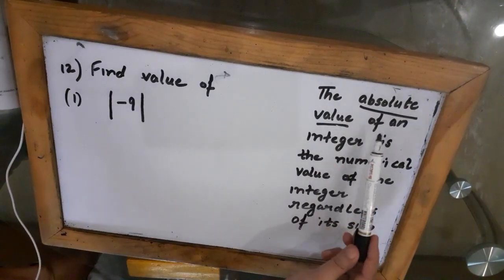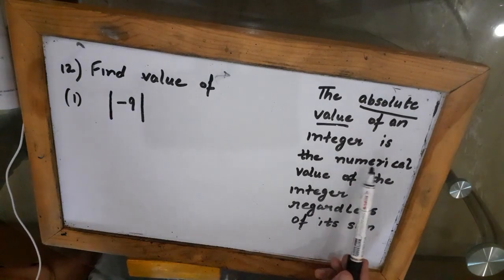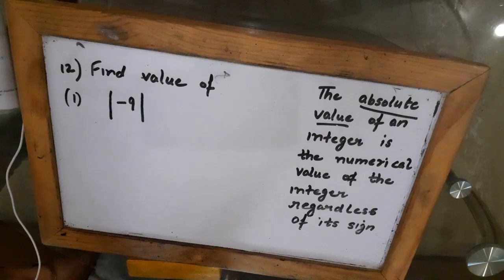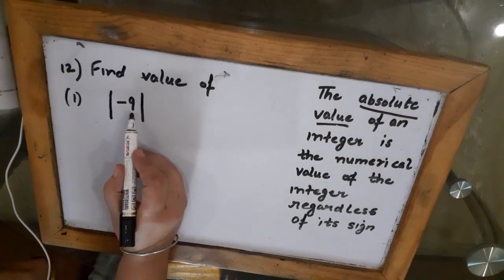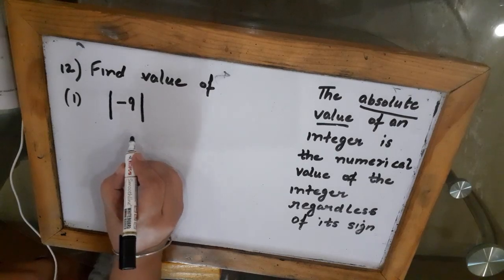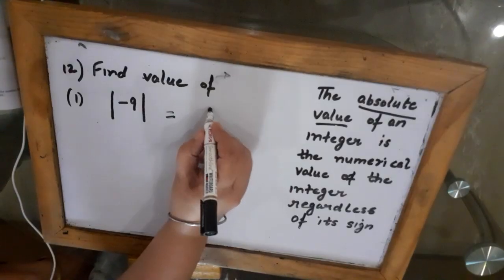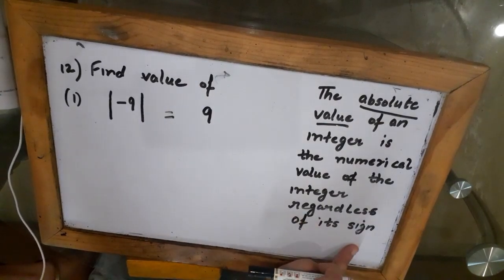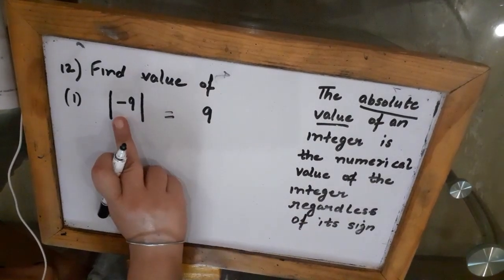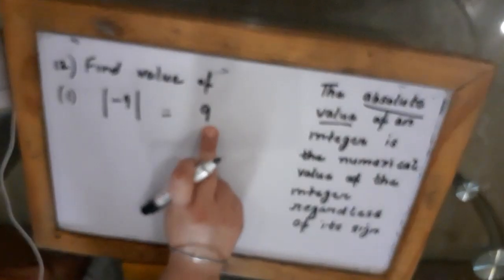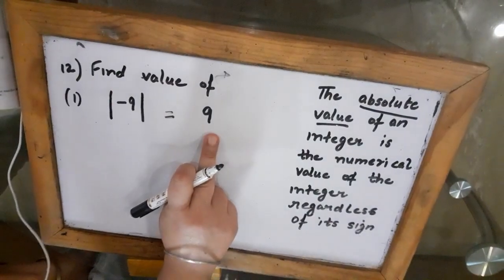The absolute value of an integer is the numerical value of the integer regardless of its sign. Means if I have to write the absolute value of minus 9, it will be the integer itself without the sign. So the absolute value of minus 9 is 9 only, the integer itself without any sign.